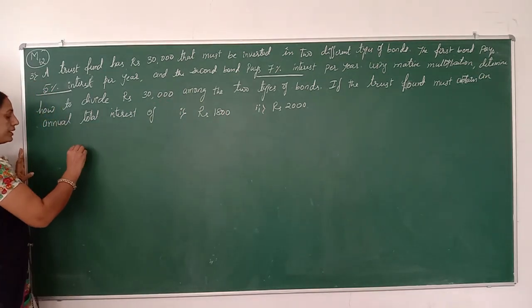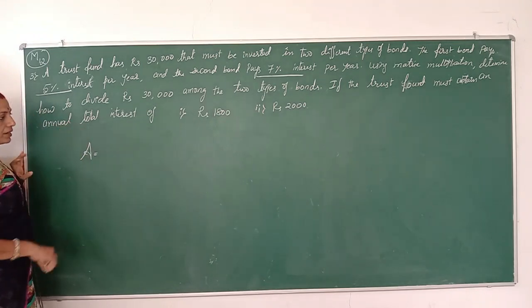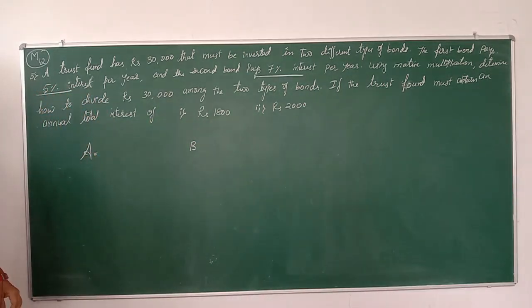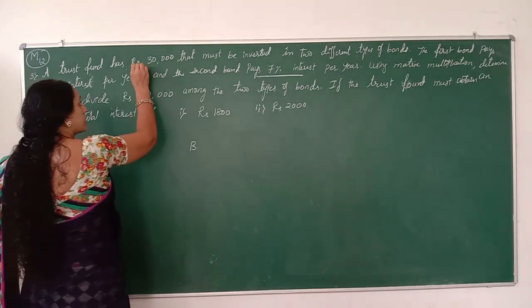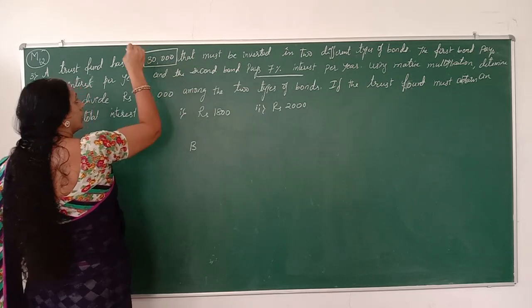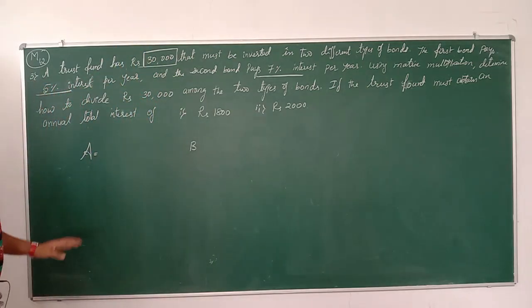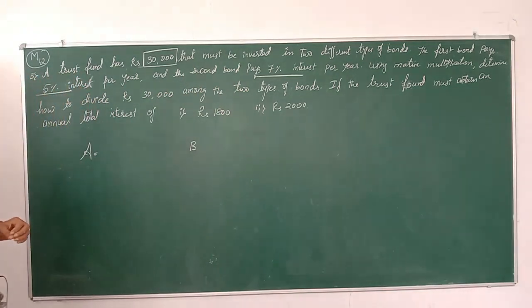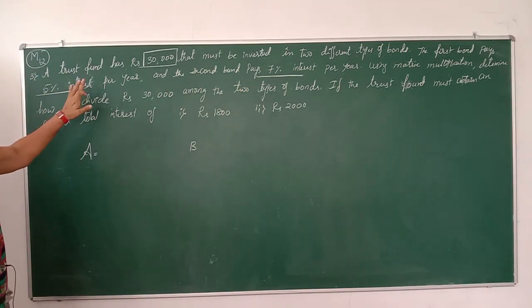So first we'll find the elements of the matrix. From the given data, first we'll construct one matrix. It is given as two types of data: one of them is the total amount of investment, and another one is the percentage of interest per annum.